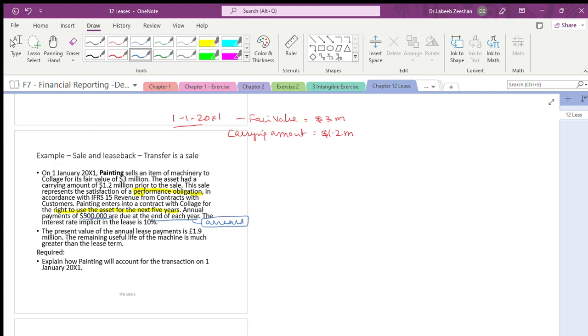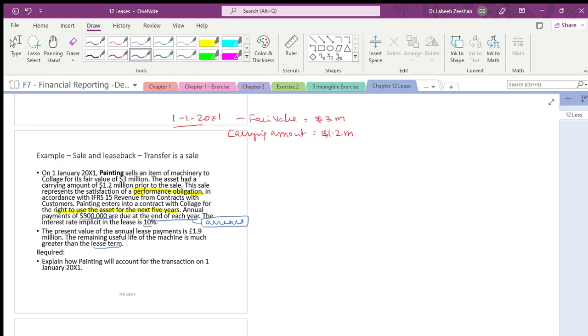The interest rate is 10%. The present value of lease payments is 1.9 million. The remaining useful life of the asset is much greater than the lease term. Now what you have to do?